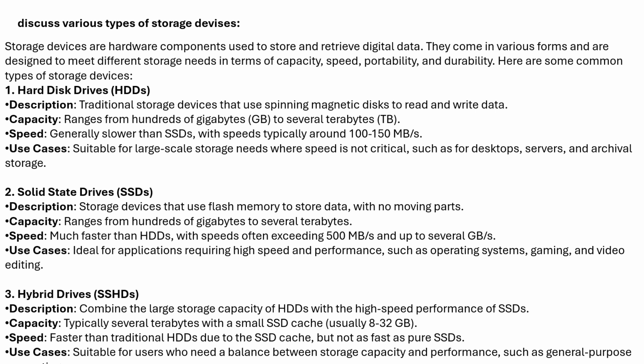Hard disk drives, HDDs. Description: traditional storage devices that use spinning magnetic disks to read and write data. Capacity: ranges from hundreds of gigabytes to several terabytes. Speed: hard disk drives are generally slower than SSDs, with speeds typically around 100 to 150 MB per second.